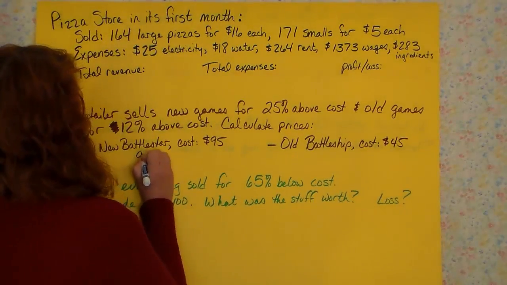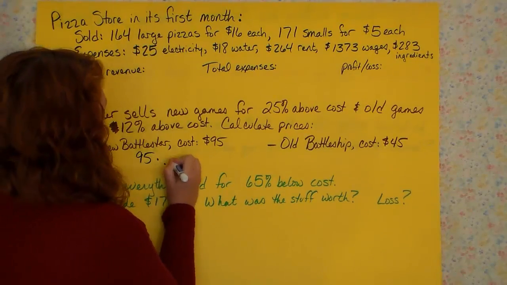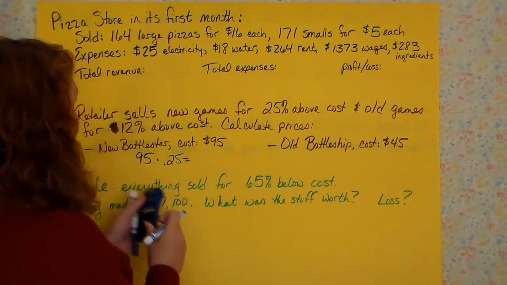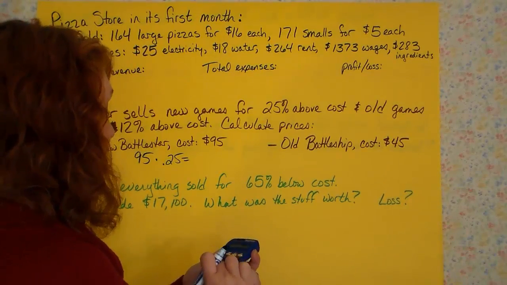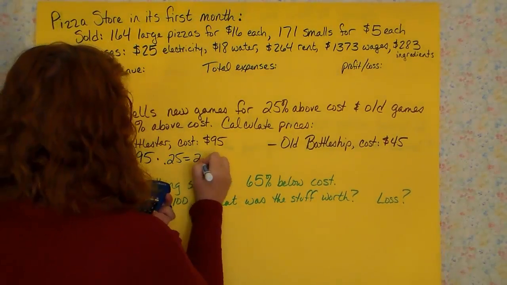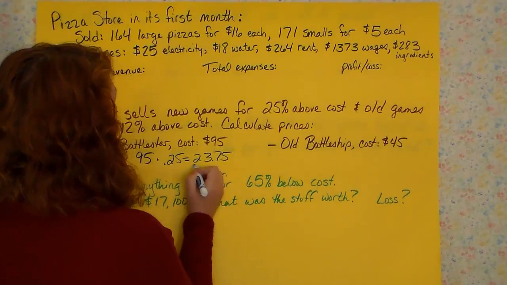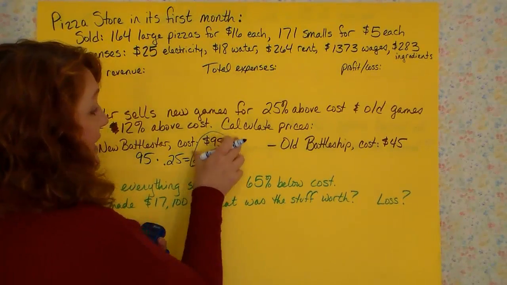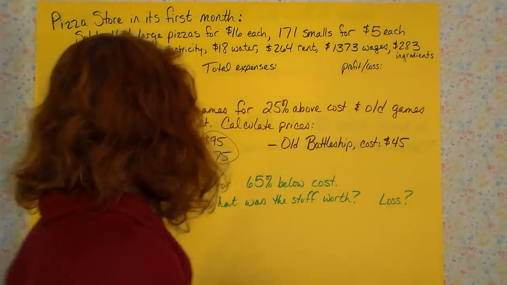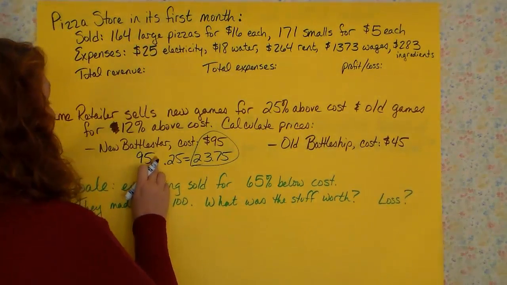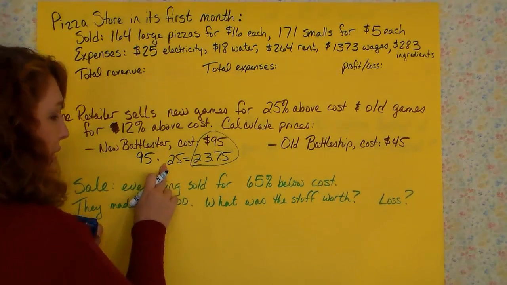You're going to say 95 times 0.25, and that's going to give you 25% of 95, which is $23.75, and you're going to add that to 95 to get the total. Or the shortcut way is, you know that it's 100% plus 25%.